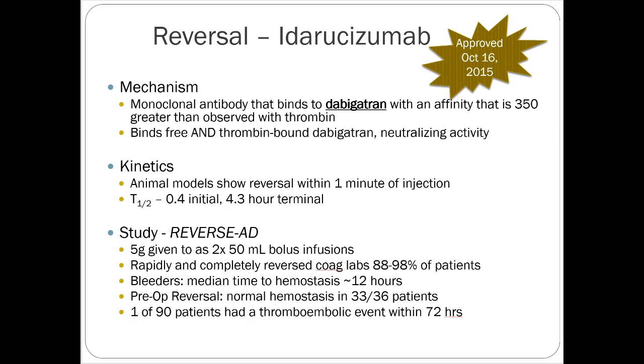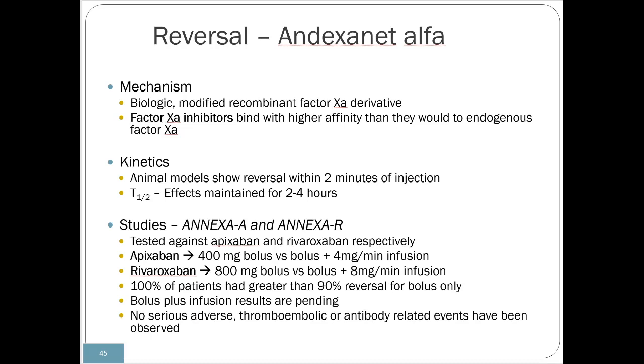So it's competing with dabigatran for thrombin, binds it up, therefore it can't be used, basically neutralizes its activity. This one is a modified recombinant factor Xa derivative, and the factor 10, so it's pretty much the same thing. It's basically making this different looking factor Xa type molecule in the body, and the inhibitors are going to bind to that more so than they would the endogenous factor Xa, and again, it basically neutralizes it.